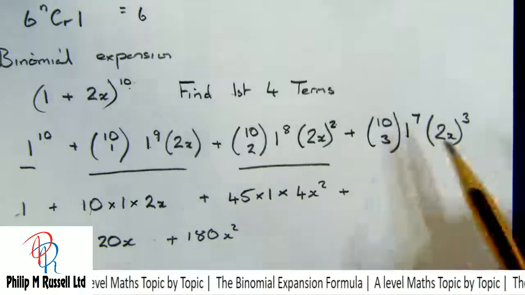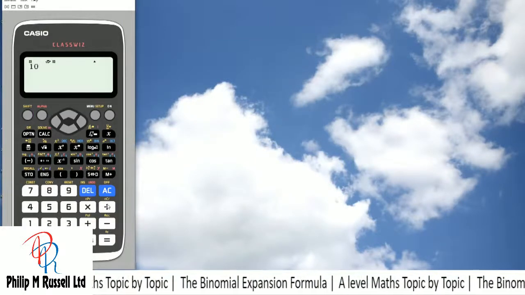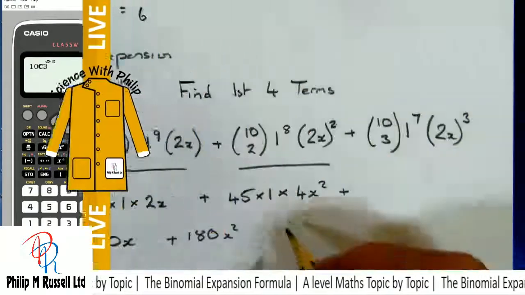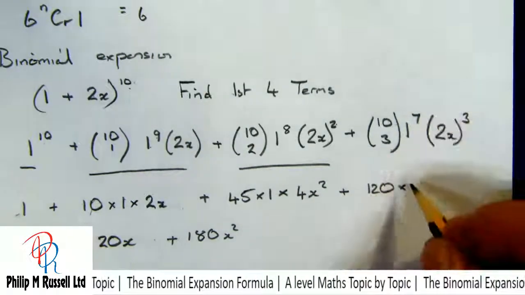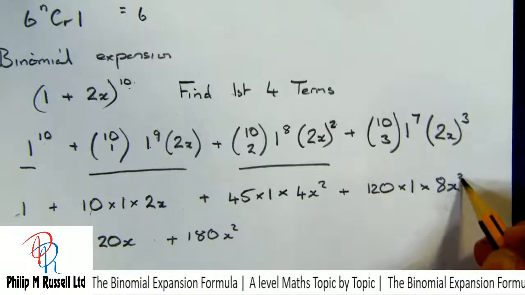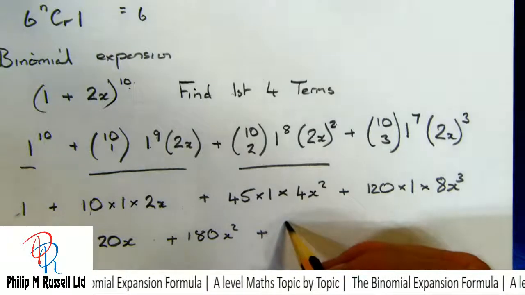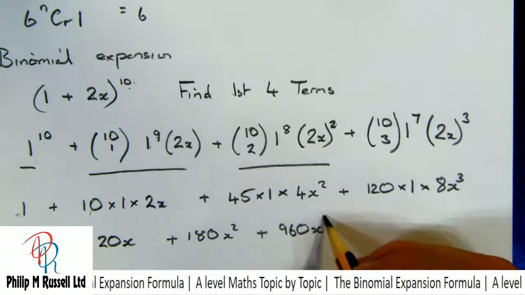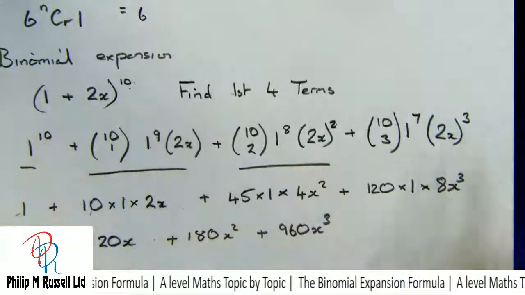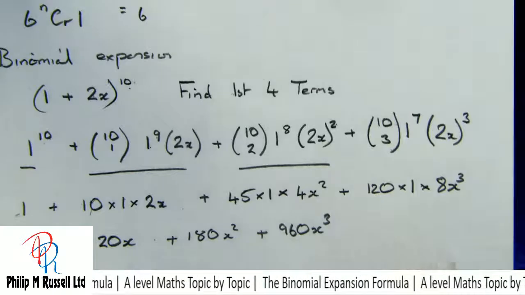So this is going to be 10 NCR 3, that's going to give me 120 times 1 to the 7, which is 1, times 2 cubed, which is going to give me 8x cubed. 8 120s are going to give me 960x cubed, and I've managed to expand this using NCR to try and help me. Not that bad trying to have a go at trying to do this.